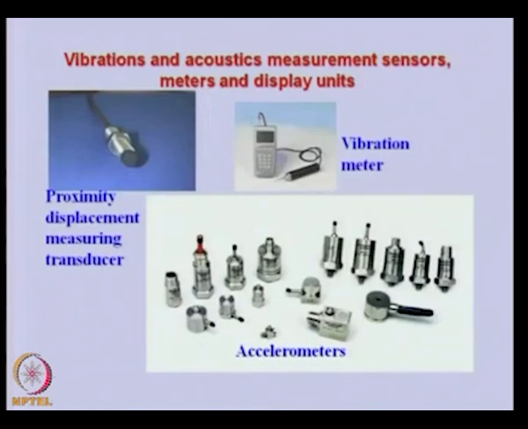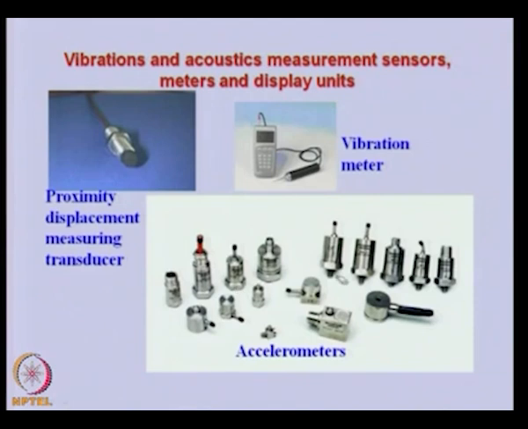Then to collect this data, we have various kinds of sensors, and here we can see one of the displacement measuring proximity probes. There is a variety of accelerometers, basically piezoelectric based accelerometers, which give a vibration signal, a voltage signal proportional to the acceleration of the body on which they have been mounted.